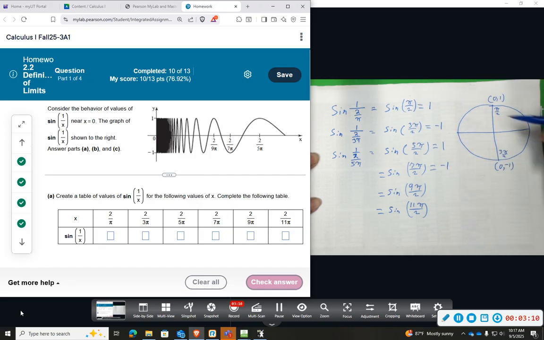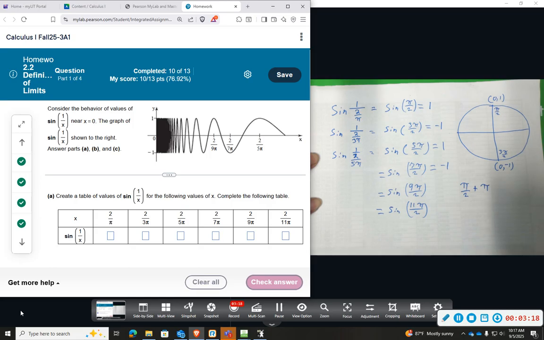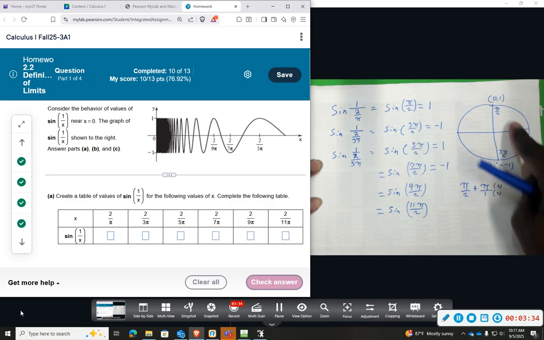And then of course you can test this if I show you a little bit of the work. If I do pi divided by 2 plus pi, it's just going around the circle. In order to add these, I have to get a common denominator, so this is over 1, and I would multiply top and bottom by 2. Every time we're going like half a circle.